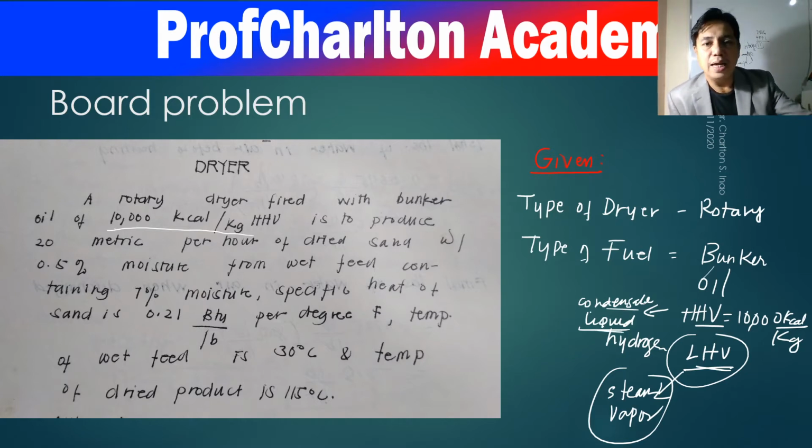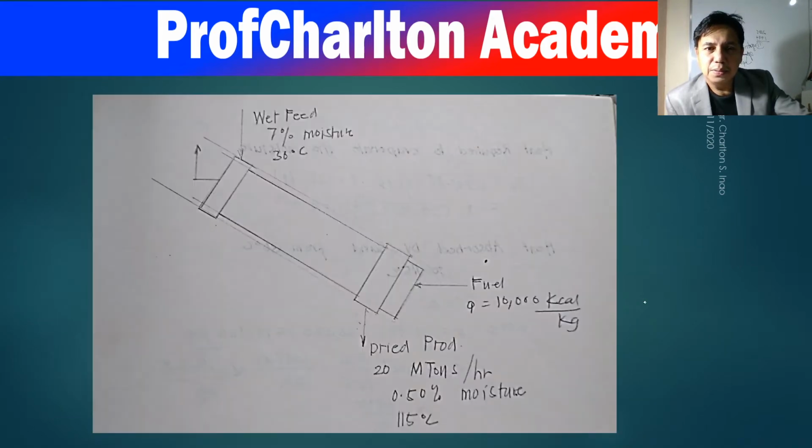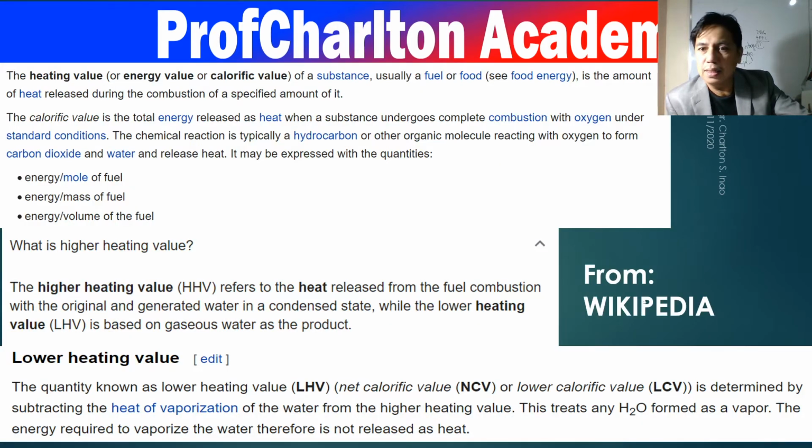Anyway, I have put some slides to enlighten our viewers. The heating value of a substance is also called energy value or calorific value. Usually for a fuel, or let us say food, energy is the amount of heat released during the combustion of a specified amount of it.